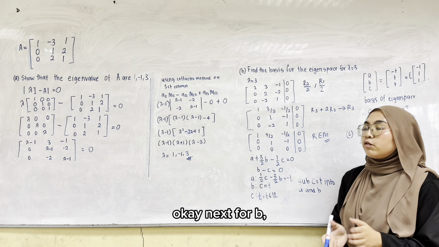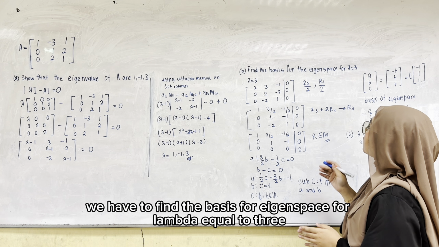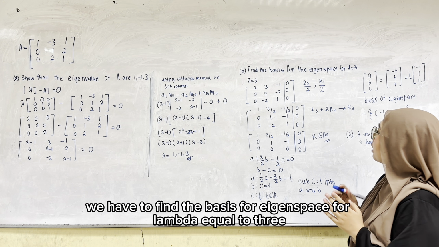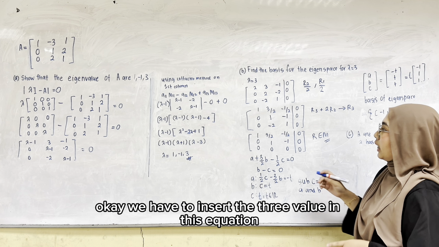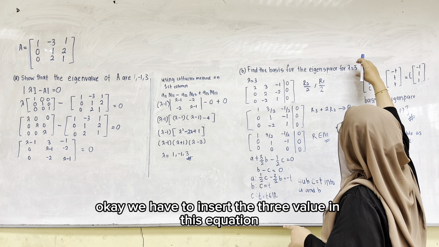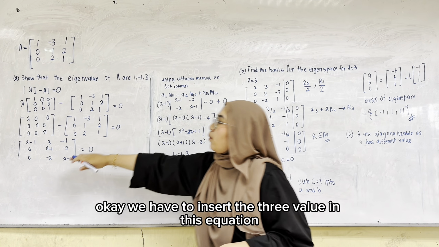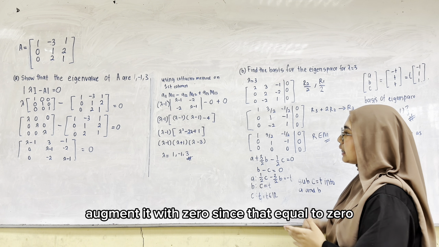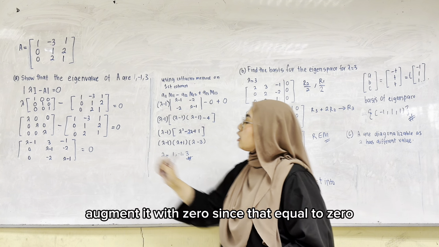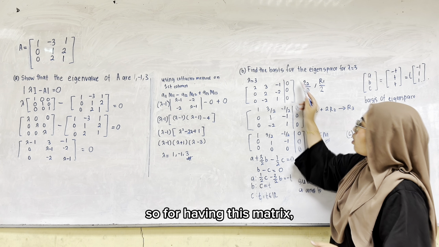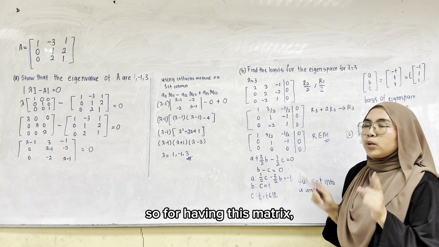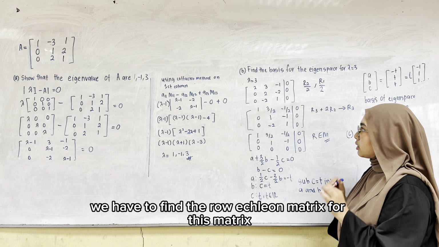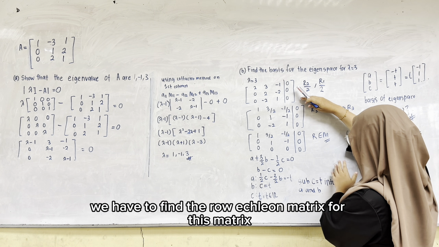Next, for part B, we have to find the basis for the eigenspace for lambda equal to 3. We insert the value 3 into this equation and augment it with 0. Having this matrix, we have to find the row echelon form of this matrix.